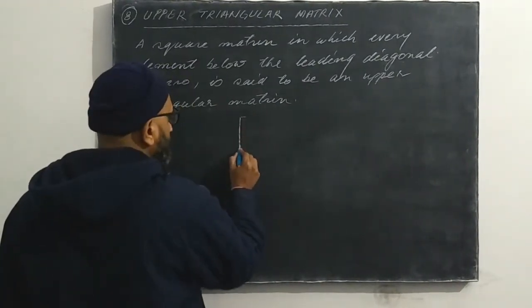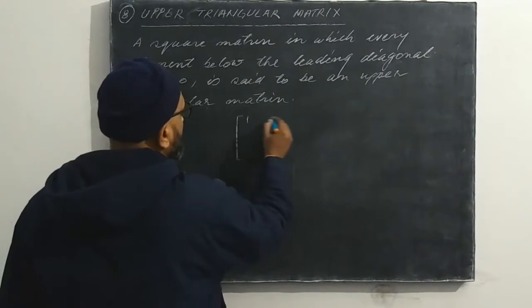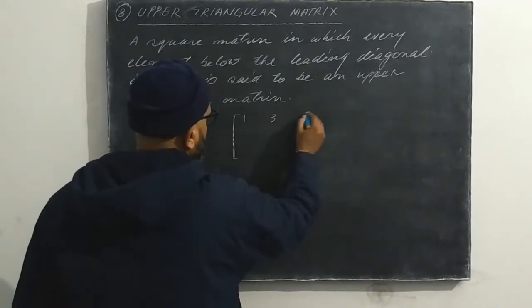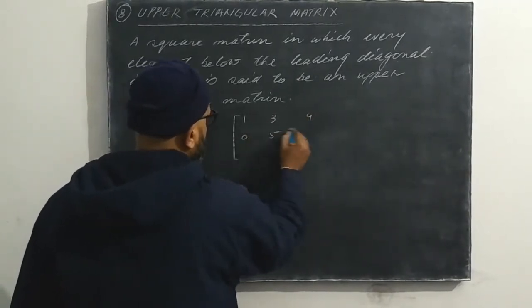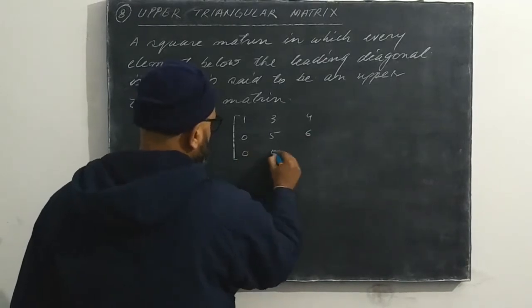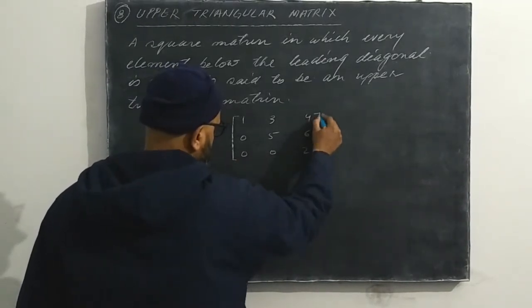For example, matrix 1 3 4, 0 5 6, 0 0 2.